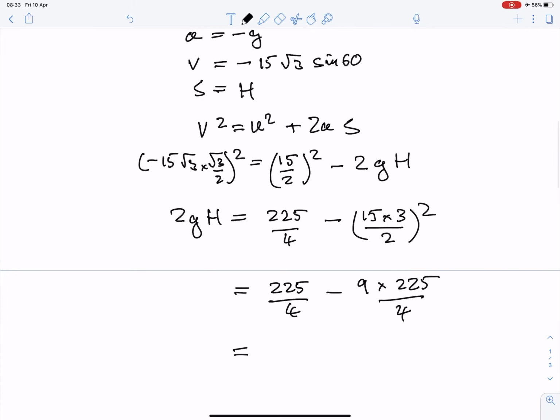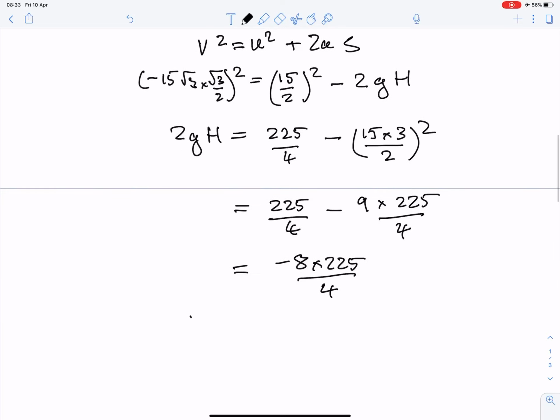So that's 1 lot of 225 over 4 minus 9 lots of 225 over 4, which is minus 8 lots of 225 over 4. Divide by the 2g, so h equals minus 8 times 225 over 4 times 2g.